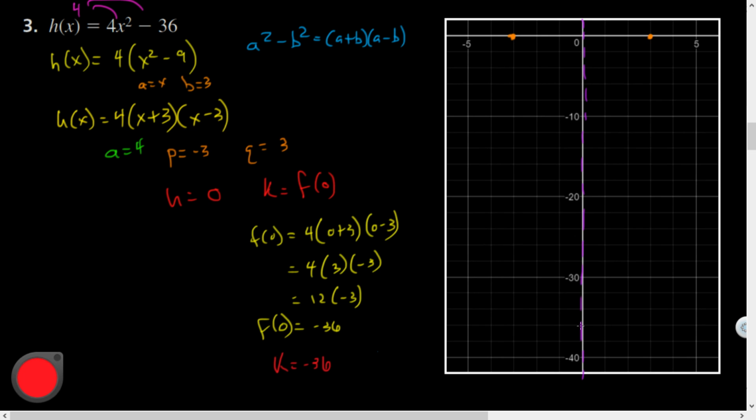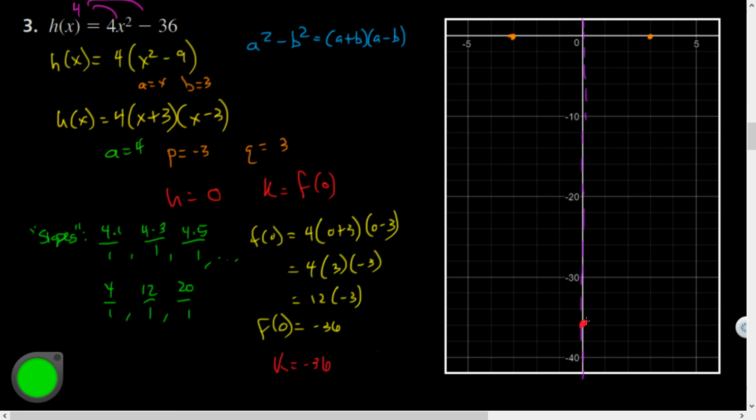So 0, -36. The y scale is counting by 2s. So down 30, 32, 34, 36 is right there. And my slopes, now that I feel like I've got some confidence, if a is 4, my slopes are going to be up 4 times 1 over 1, up 4 times 3 over 1, up 4 times 5 over 1, etc. So 4 over 1, 12 over 1, and 20 over 1.